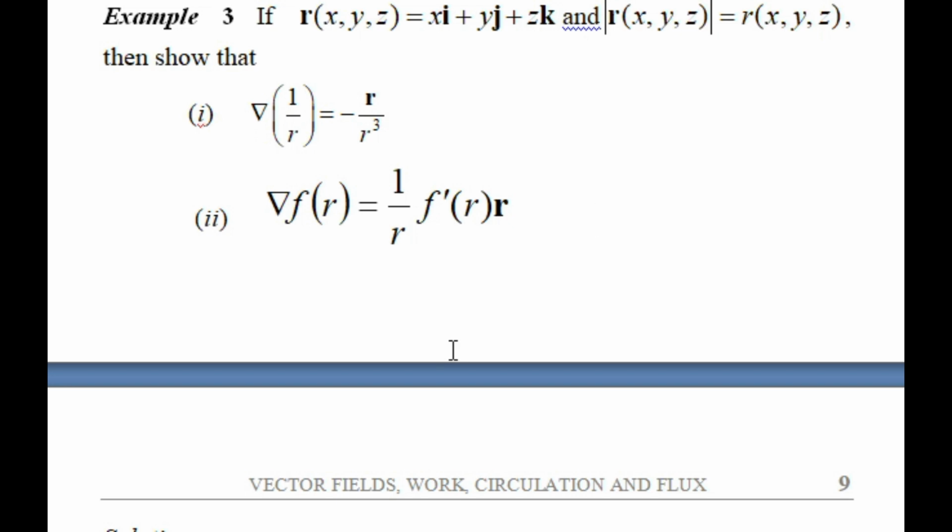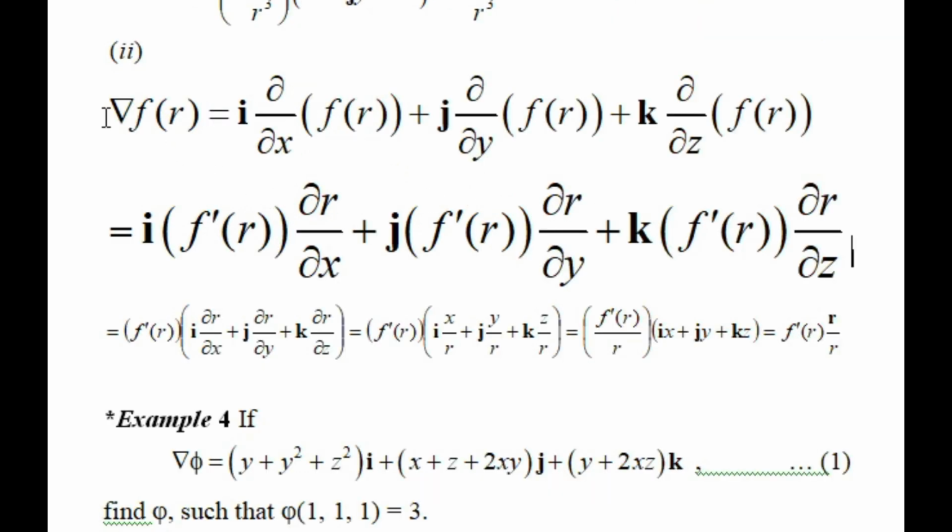By definition, what is grad of a scalar valued function? It is the partial derivative with respect to x of that function i plus the partial derivative with respect to y j plus the partial derivative with respect to z k, isn't it? Now what about the partial derivative of f of r with respect to x? Already I have mentioned that don't think that f is a function that depends only on the variable r. r is also a variable that depends on 3 other variables x, y and z.